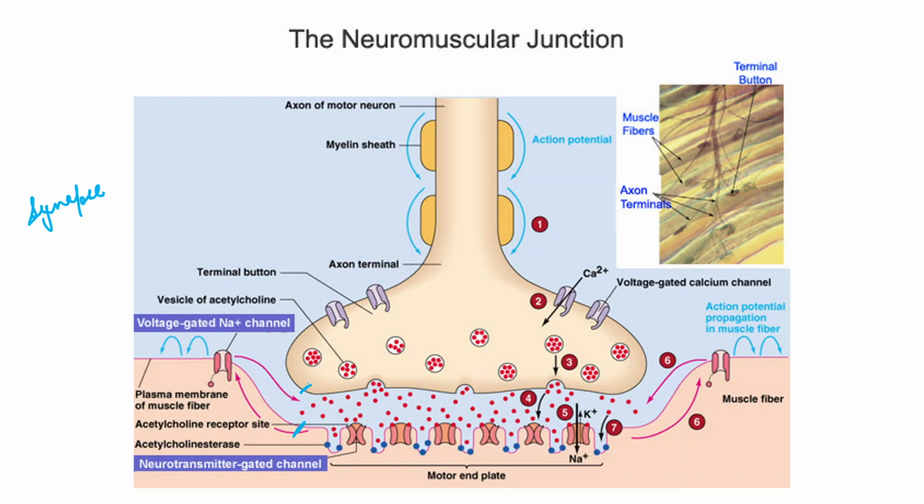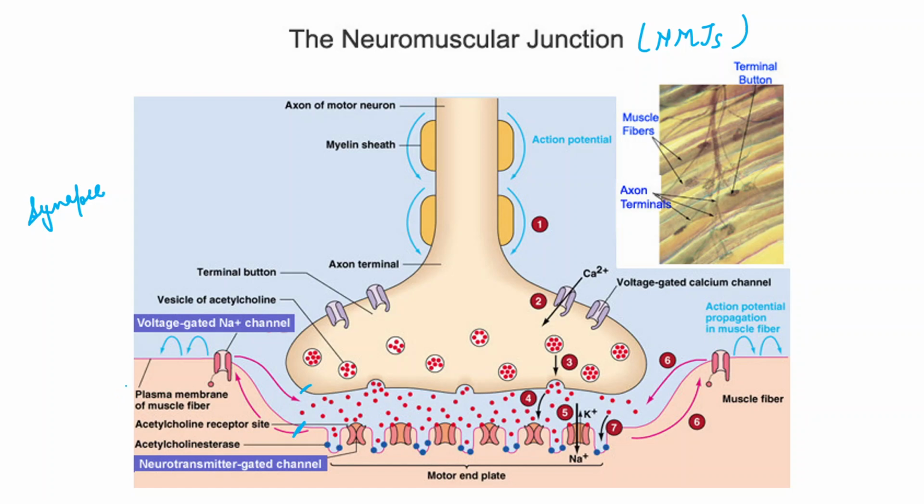So these neuromuscular junctions, or NMJs, what is their role? They are used for communication between the motor neurons and the muscle cells, which are used for contraction and movement of your muscles.